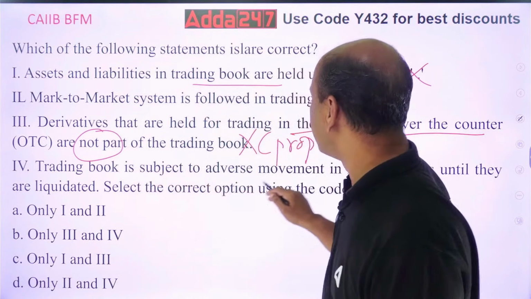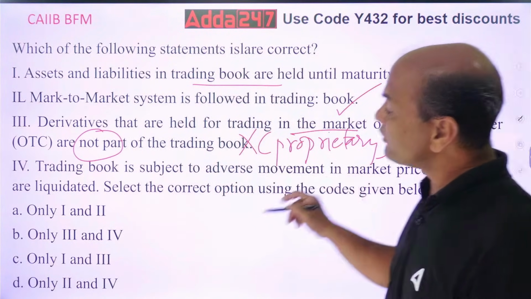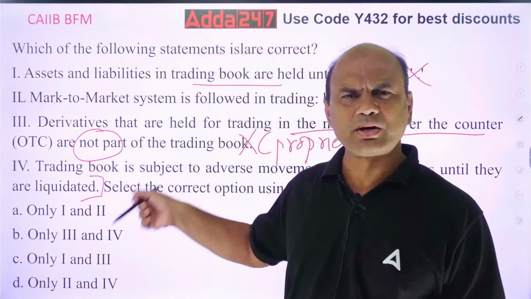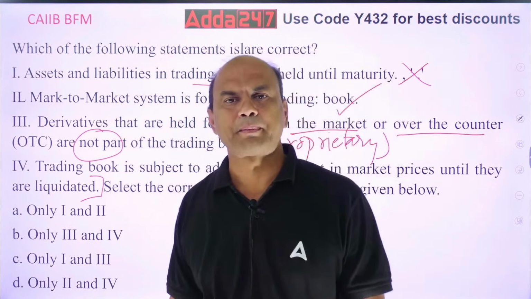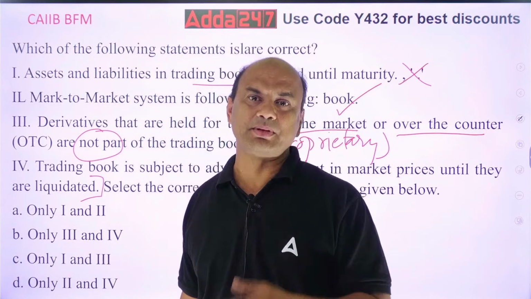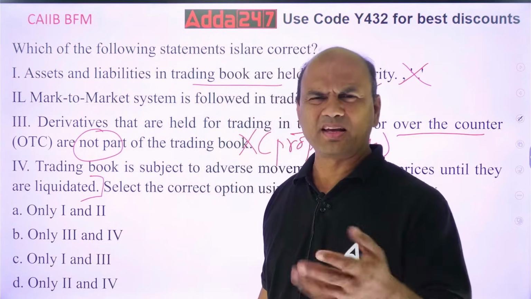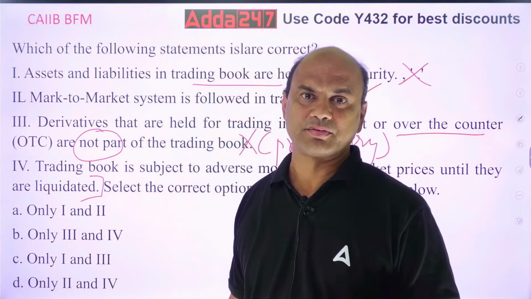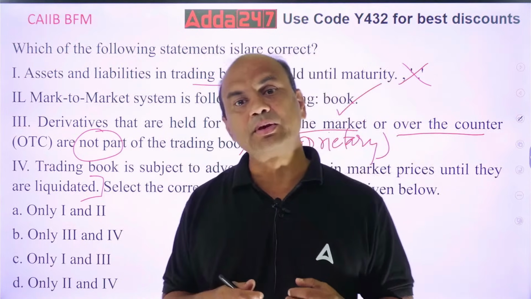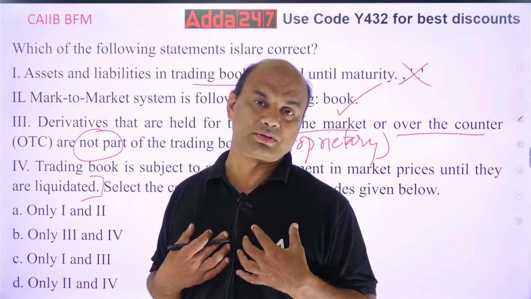Trading book is subject to adverse movement in the market prices until they are liquidated. What do you mean by the word liquidated? I'll give you a simple example. I buy a share of, let's say, Reliance or any company, at 2000.